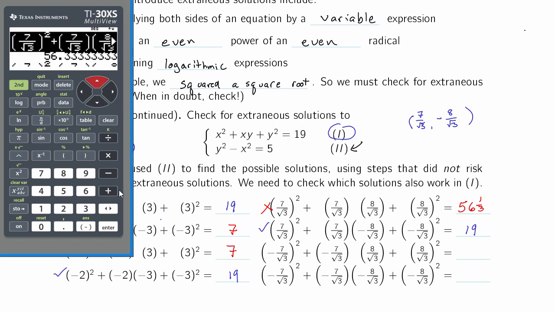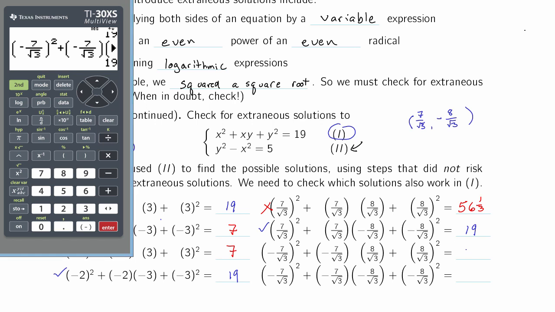Okay. What if we make the 7 over root 3's negative? There's another 19. So negative 7 over root 3 and positive 8 over root 3 really is a solution.